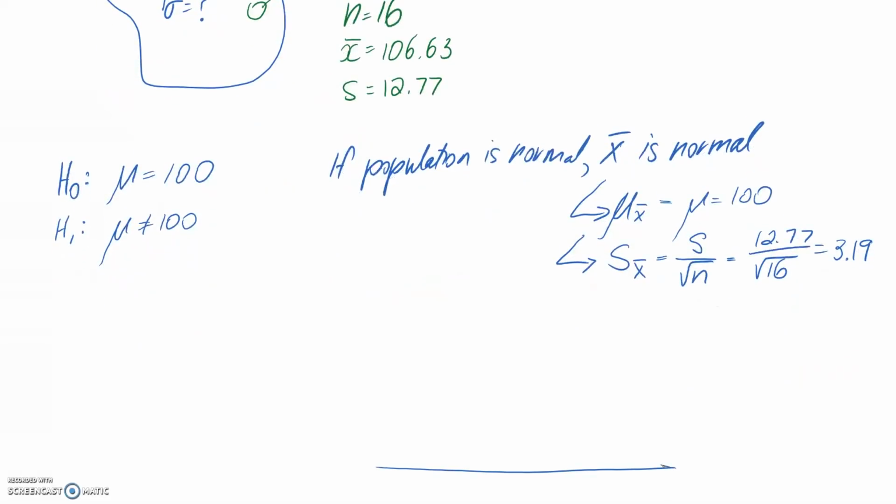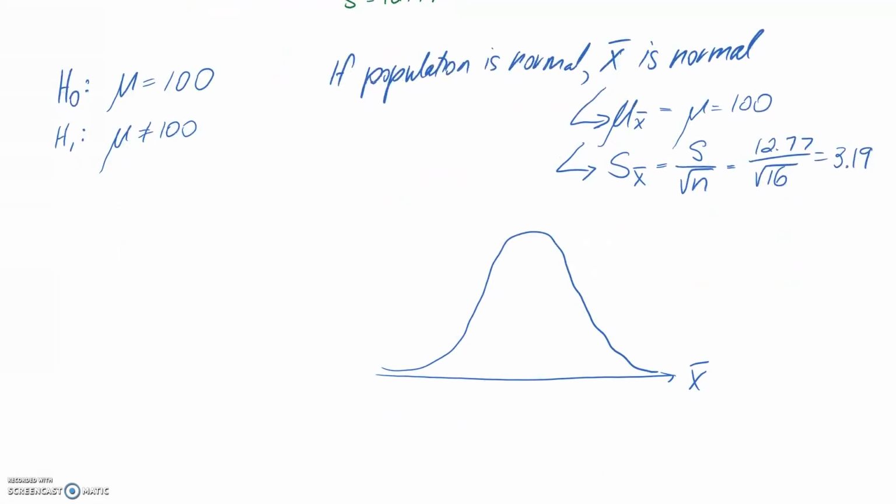So on this axis, I'm going to draw an x bar, which is our sample mean, and we've said it's a normal distribution, so it should have the bell curve shape. The mean is going to be this 100 value, so I'll pop that in. And I'll note off to the side here, the standard deviation is 3.19.